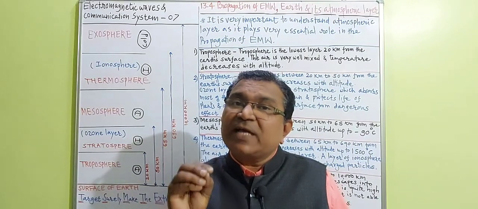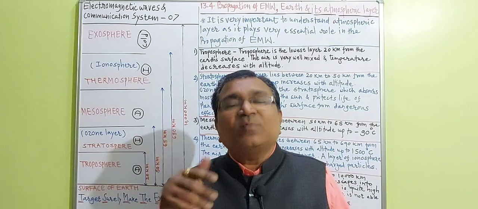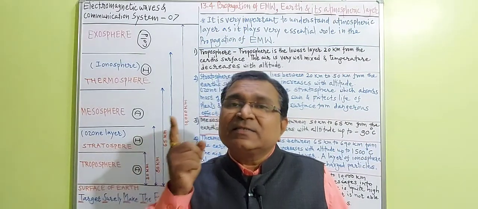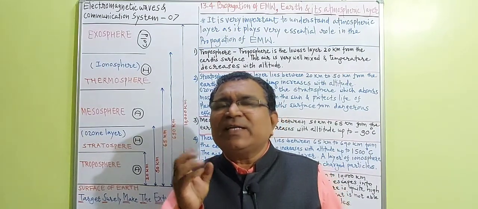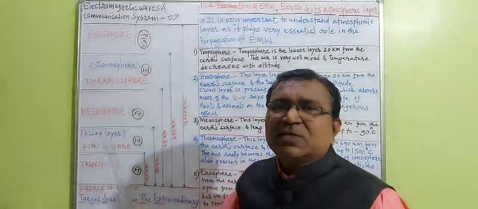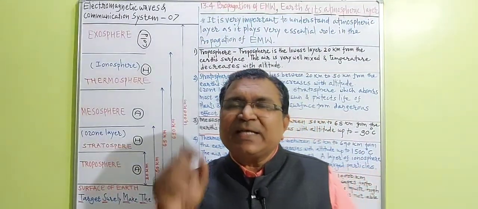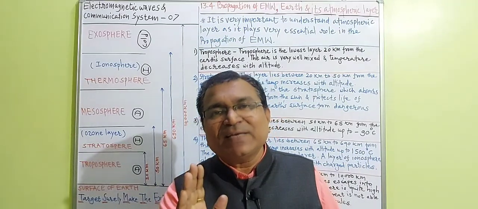To protect the life of plants and animals from the dangerous effect of the ultraviolet rays, most of the ultraviolet rays are absorbed by the ozone layer. So, the ozone layer plays a vital role in our everyday life.